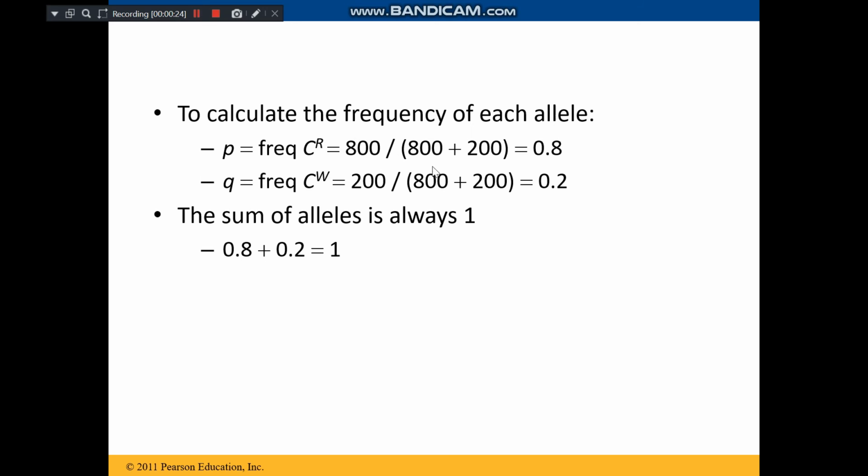So 800 copies divided by 1000 means 0.8. For the recessive, it is 200 divided by 1000, which becomes 0.2. And I have told you the sum of alleles is always 1. 0.8 plus 0.2 gives you 1.